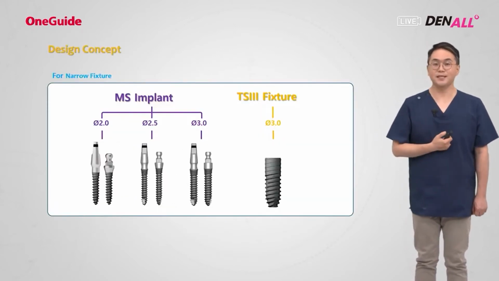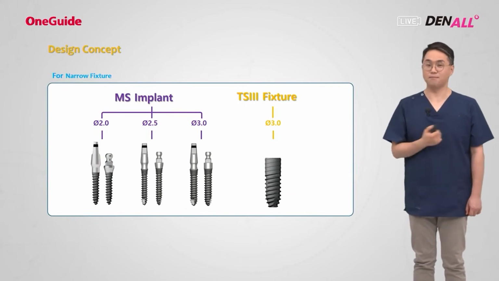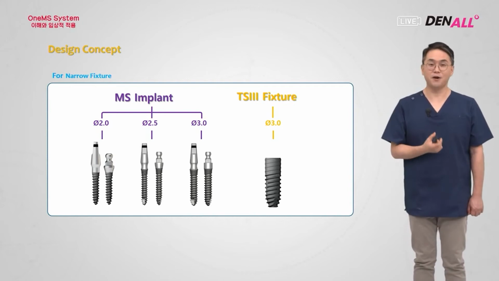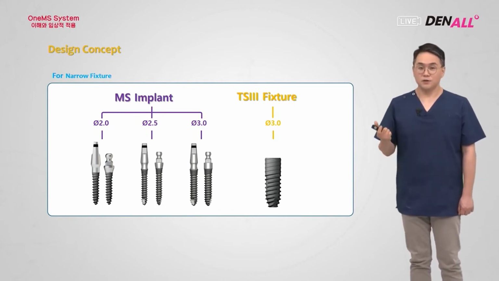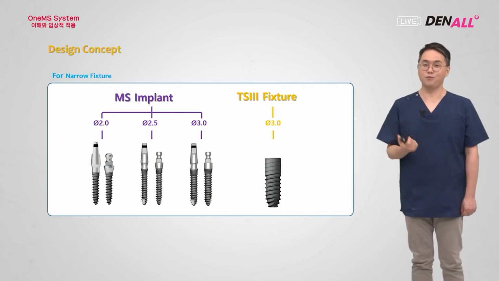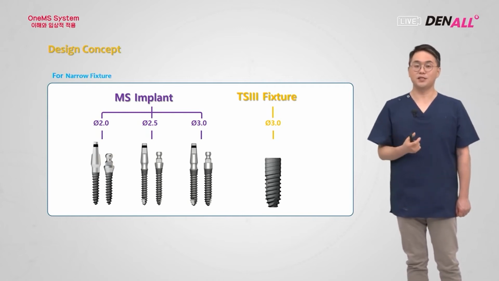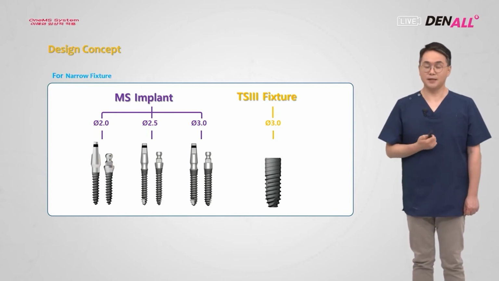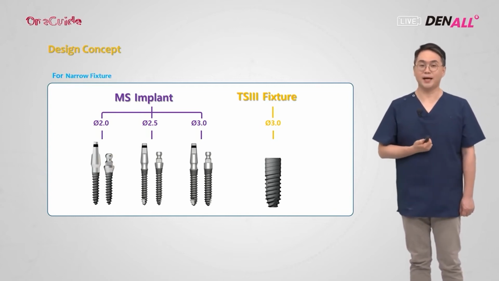With the OneMS Kit, the implants you can place are the MS implant, narrow ridge type, denture type, and temporary type. So 3 MS implants can be placed, and recently Osstem introduced the TS3, a two-piece type 3.0 implant, the narrowest two-piece implant. This can also be placed using the OneMS Kit.